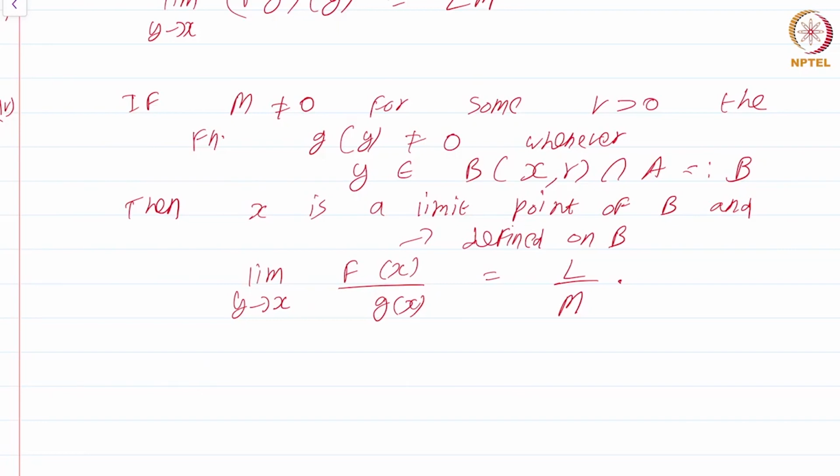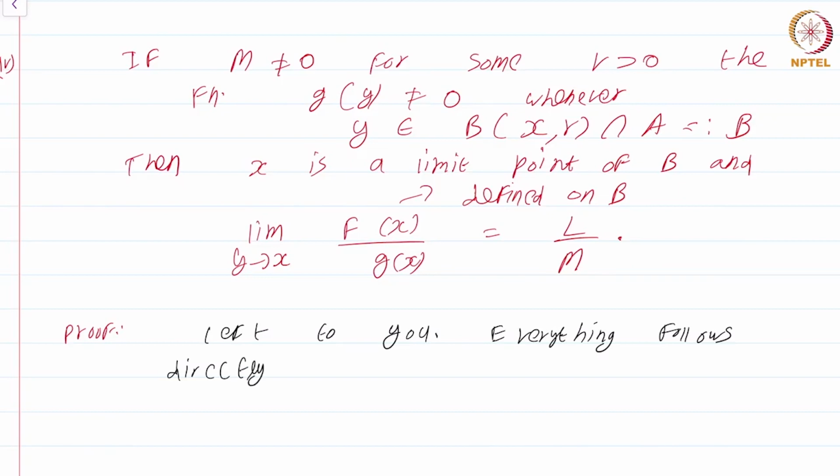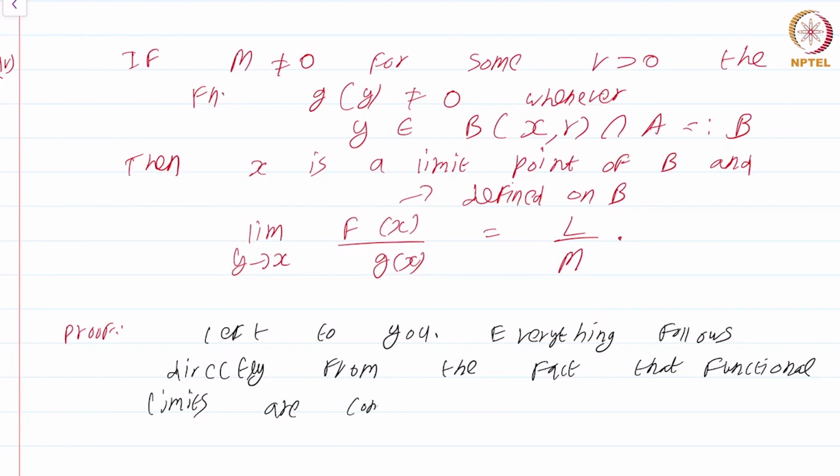Okay. Now proof. Left to you. This might sound a bit harsh. I'm leaving everything for you, but everything follows directly from the fact that functional limits are completely characterized by sequences.